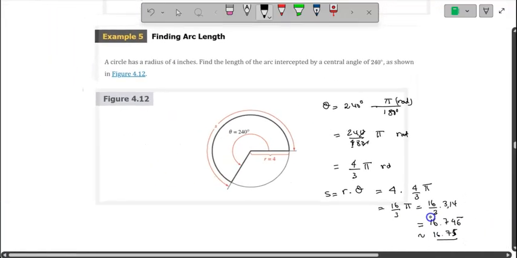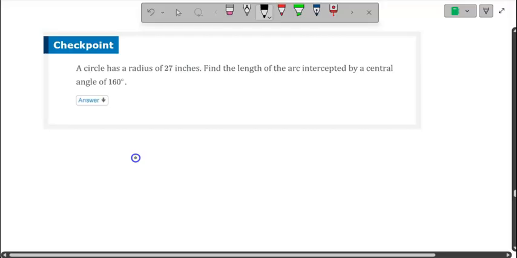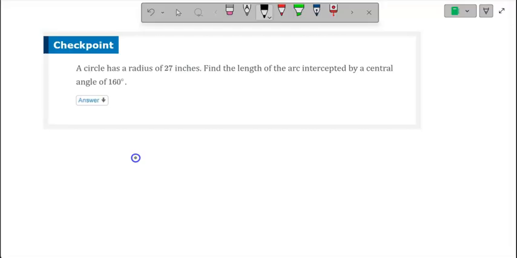And that's it. So in this question here, we have a radius of 27 inches. Find the length of the arc intercepted by the central angle of 160 degrees, right? So again, 160 degrees is going to turn into 160 degrees times pi radians divided by 180 degrees.